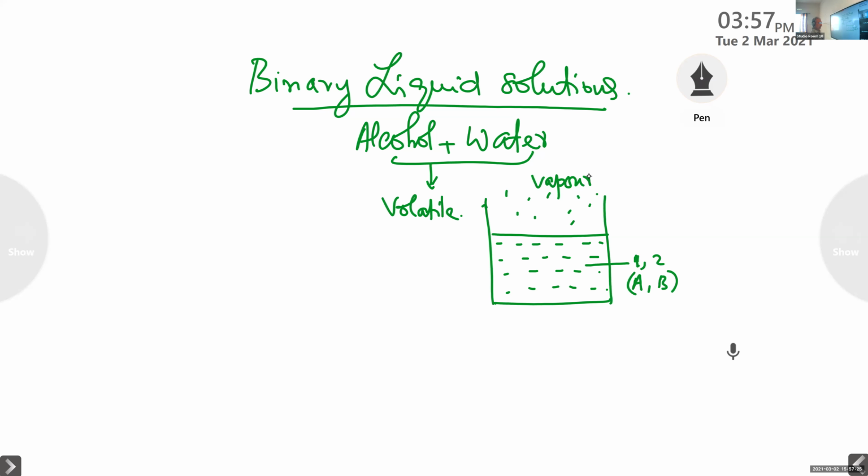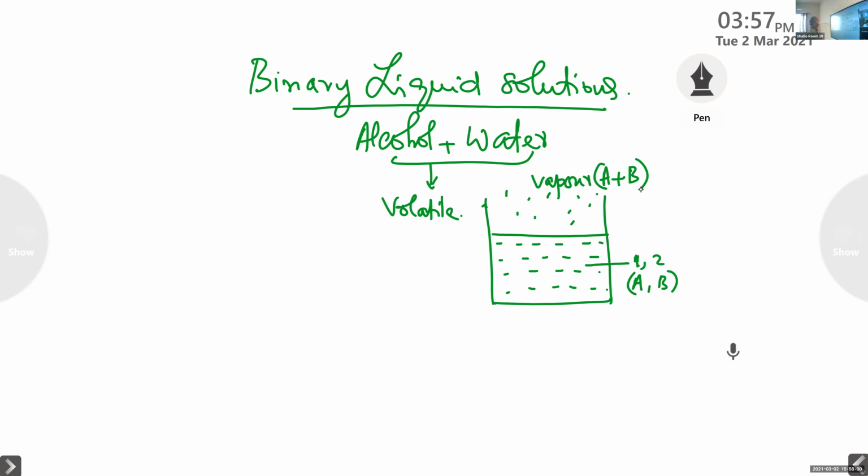Suppose both the liquids are volatile. So, above the liquid mixture, there will be vapor consisting of both the liquids, 1 and 2, A and B. We are taking a solution of two liquids.